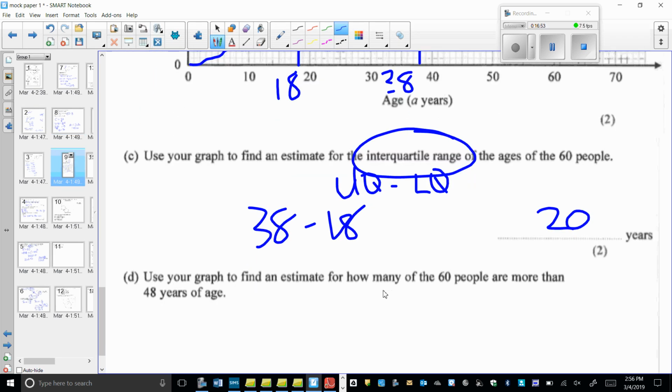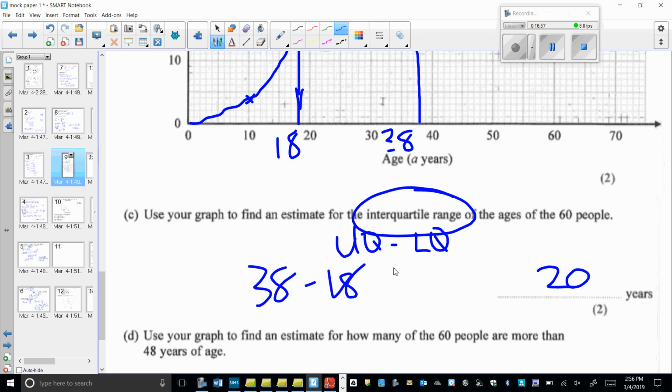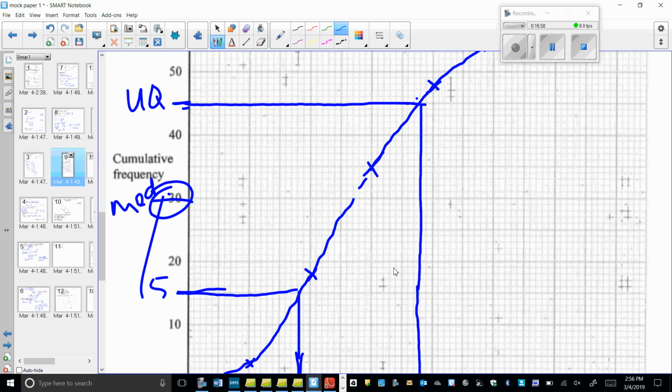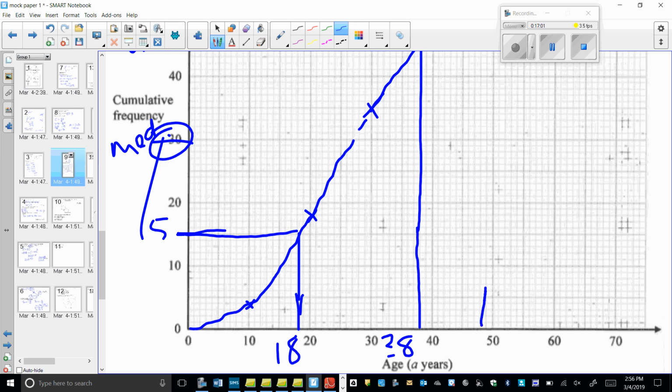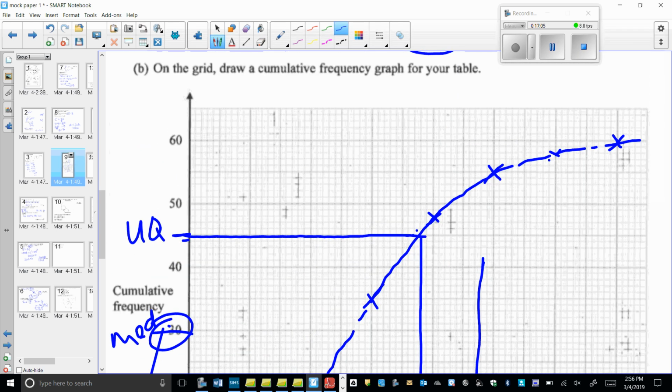Okay, use your graph to find an estimate for how many of the 60 people are more than 48. So we find 48, and draw a vertical line, and then we draw a horizontal line.